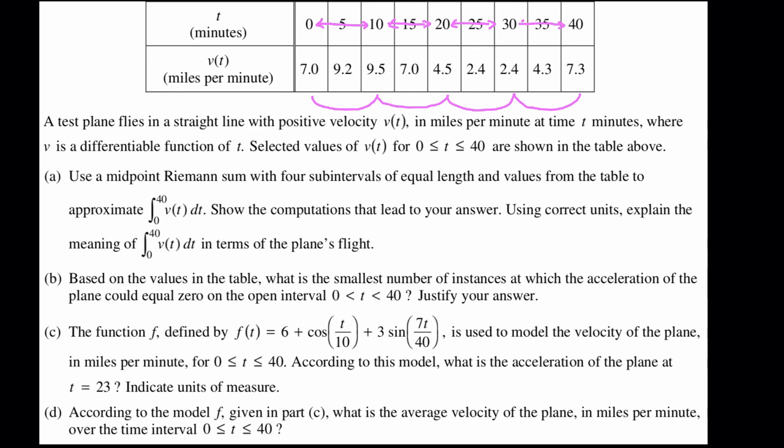Now the height of your first rectangle is a midpoint Riemann, which means we look at the middle number in this interval. So the 9.2 is the height of the first rectangle. 7 is the height of the second rectangle. 2.4 and 4.3 are the heights of the other 2 rectangles.